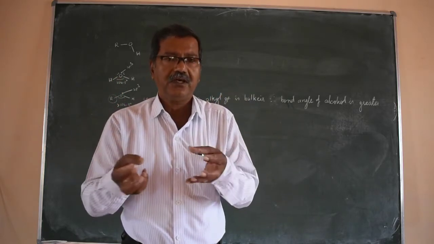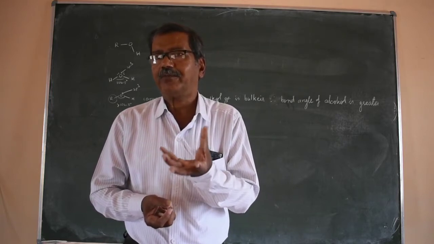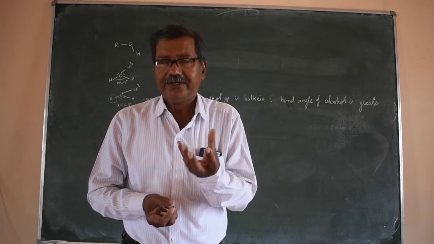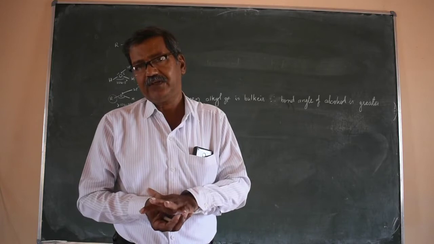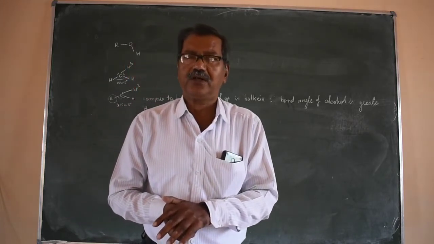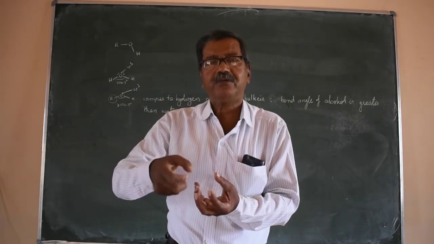It is due to the hydrophobic nature of that alkyl or aryl group. As the number of carbon atoms increases, the hydrophobic character increases and solubility decreases. So higher members of alcohols are insoluble in water, lower members are soluble due to hydrogen bonding with water.